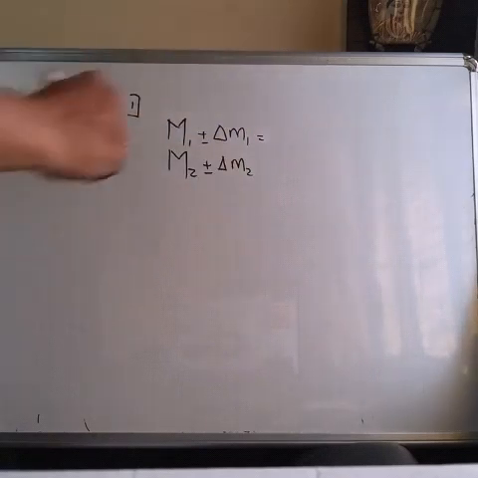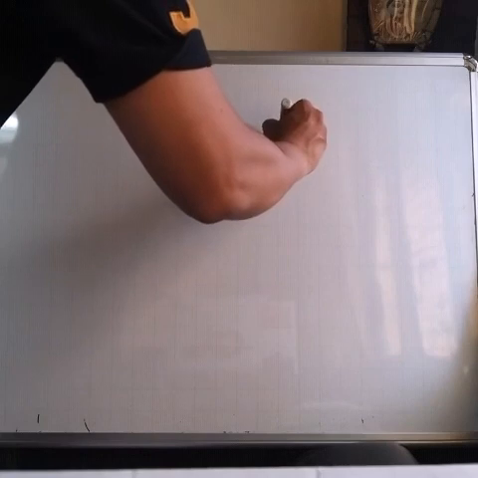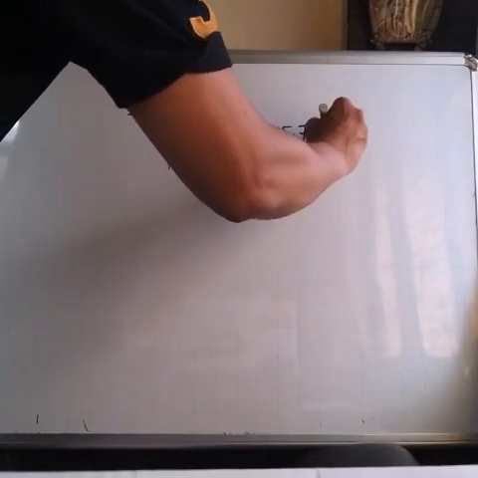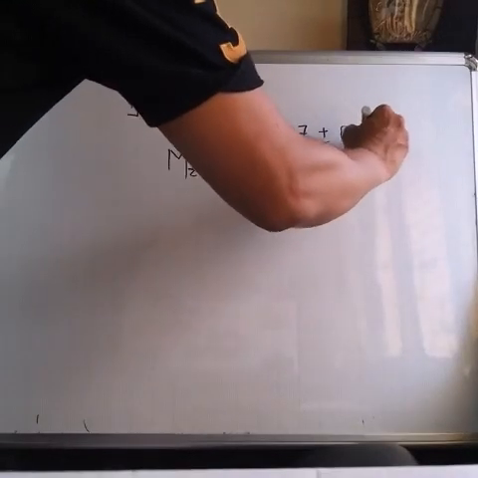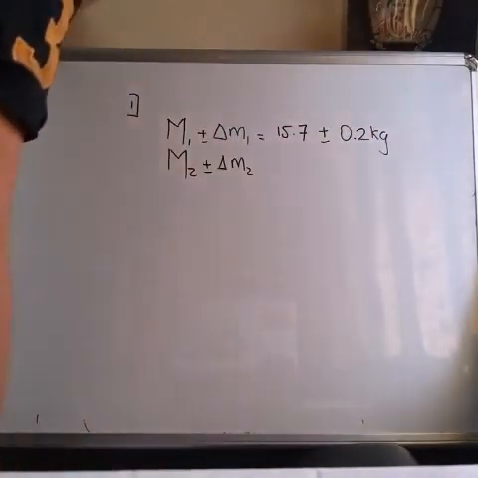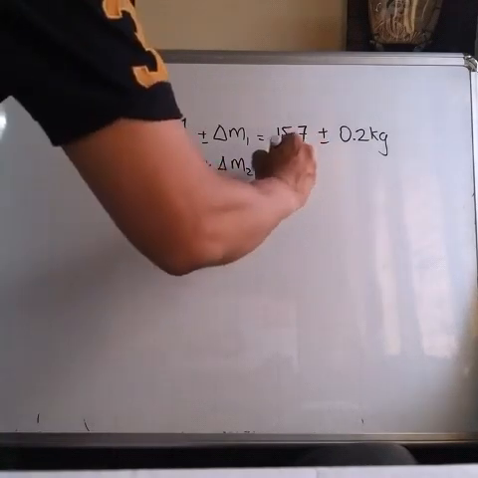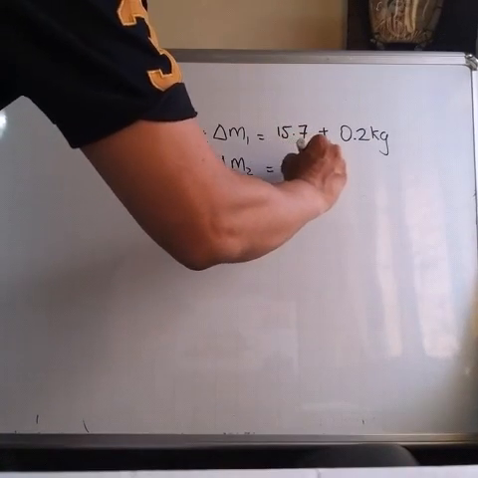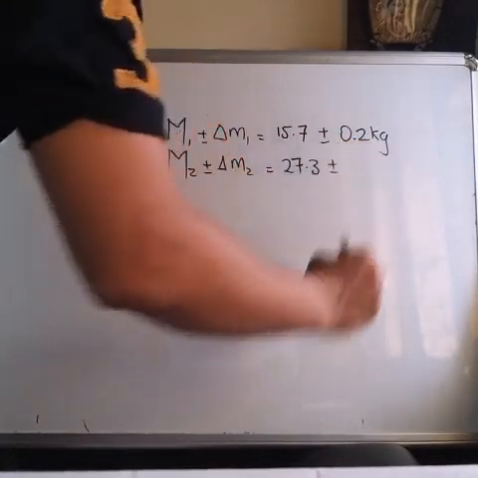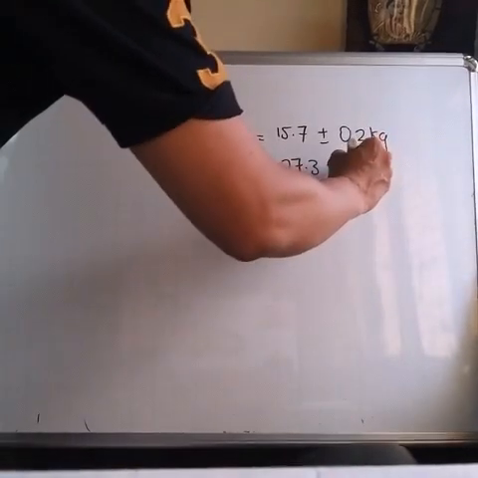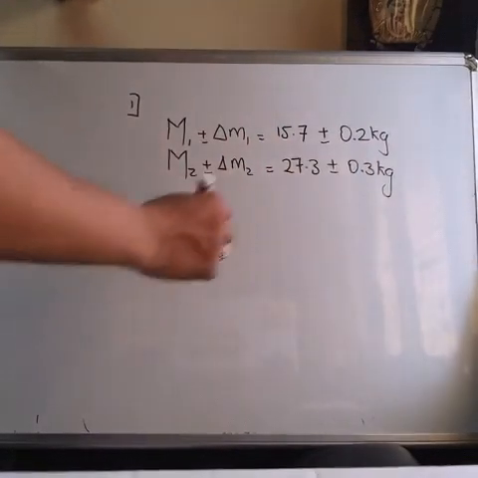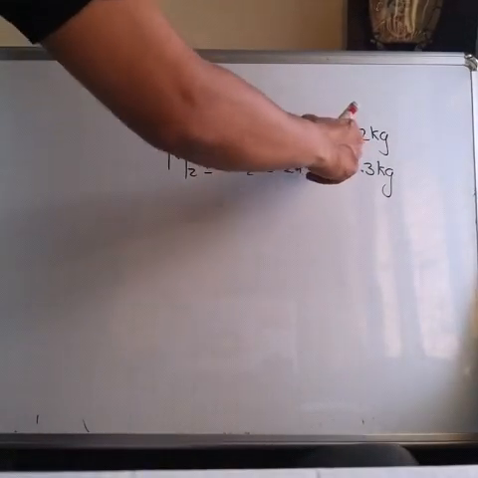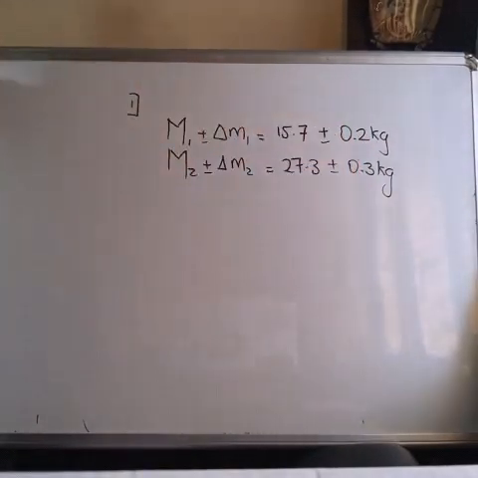I will write this as 15.7 plus minus 0.2 kg, and the other value is 27.3 plus minus 0.3 kg. Understand this: this is M1, this is delta M1, this is M2, this is delta M2.